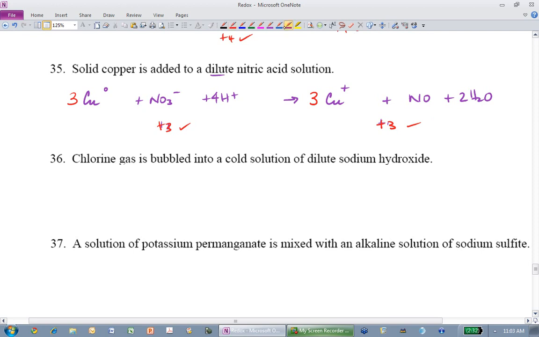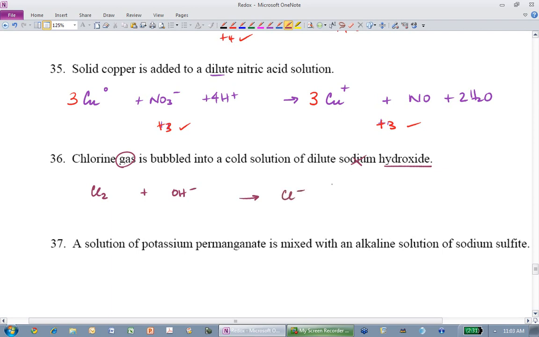Now, here's a classic. We haven't run into it much, but here it is. Chlorine gas, so I know I can just write Cl2, is bubbled into a cold solution of dilute sodium hydroxide. When you put a halogen of any sort into a strong base, like sodium hydroxide, what you're going to get is a disproportionation reaction, where the Cl2 is going to both be oxidized and reduced.